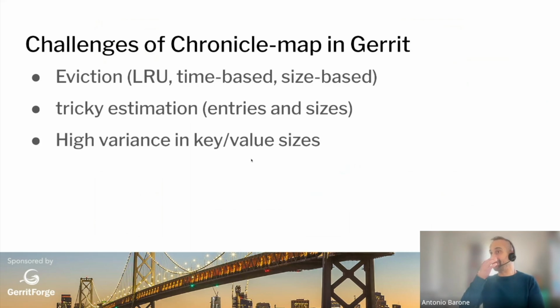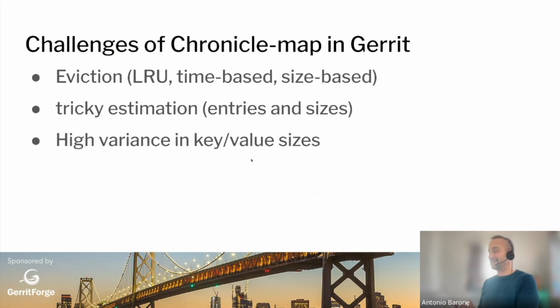And there are some caches that have a higher variance in their key value sizes. In the demo I gave you, keys and values have fixed size. It's very easy to define their averages. But if you're thinking about diff caches in Gerrit, intuitively, you will see how you might have one entry that is very small because it represents a very small change that may be modified just one line.